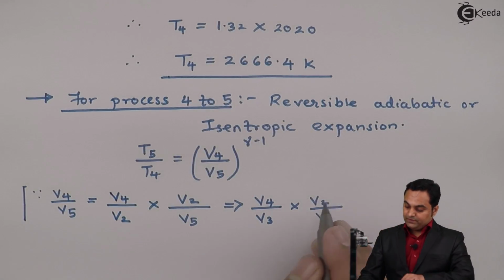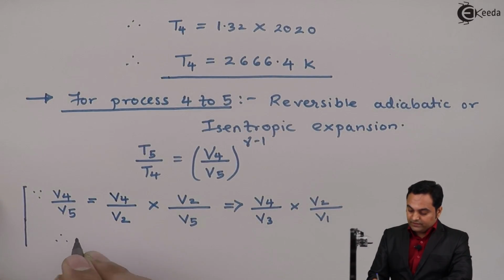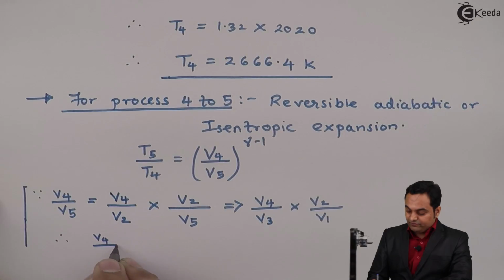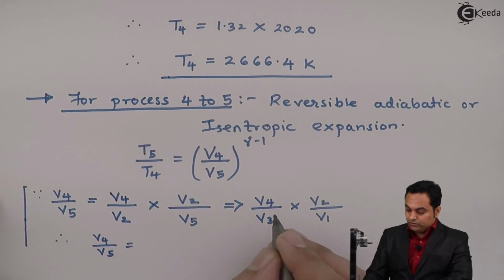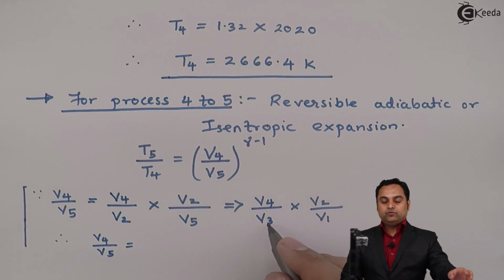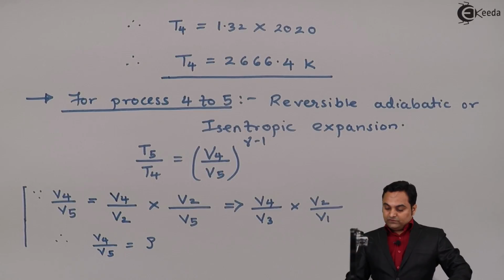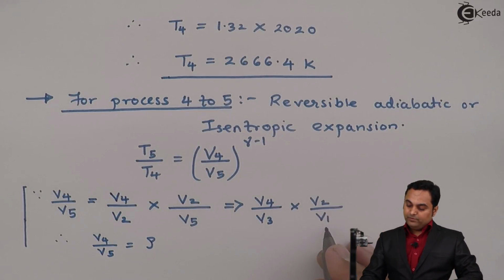So I can say that V4 upon V5 will be equal to V4 upon V3, that is the volume after cutoff to the volume before cutoff. It is the fuel cutoff ratio. Next, multiplying by V2 by V1.